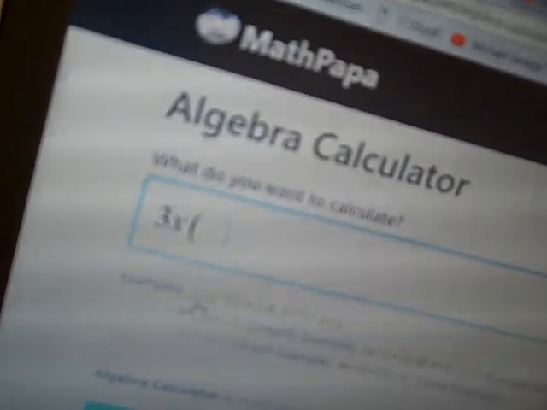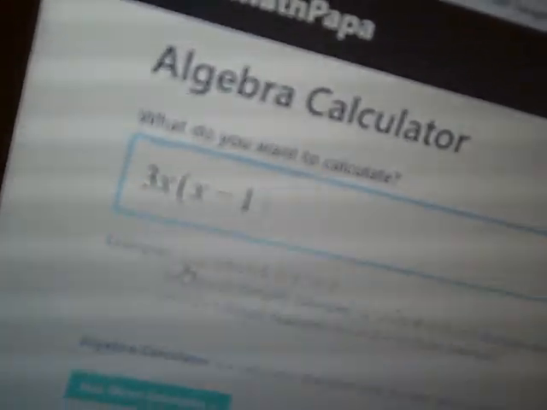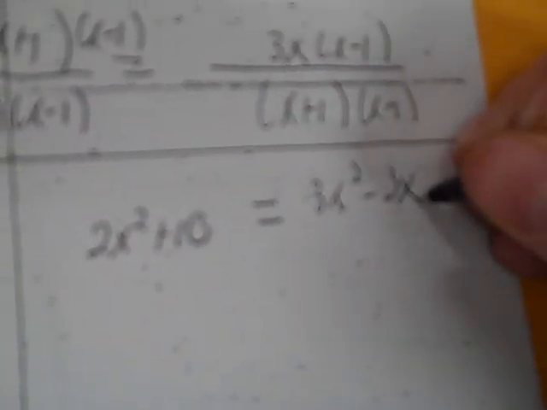Some of you already know it's 3x squared minus 3x, but I'm going to check just to be sure. If I got technology, I might want to make sure the mouse is on that. Three x squared minus 3x, okay. Okay, so we got x squareds and we also have x, so let's move everything to one side.